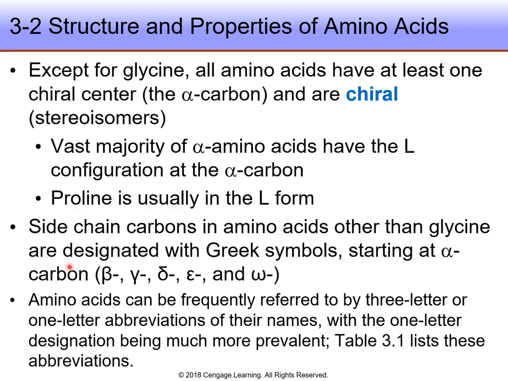So again, amino acids are frequently referred to by three-letter or by one-letter abbreviations of their names, with the one-letter designation being much more prevalent. Table 3.1 lists these abbreviations.